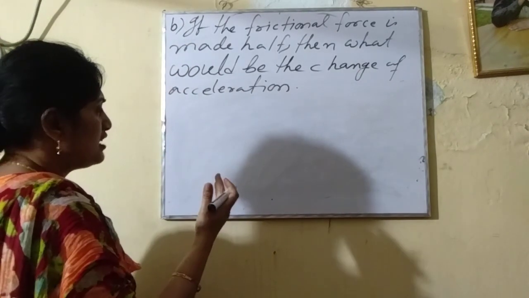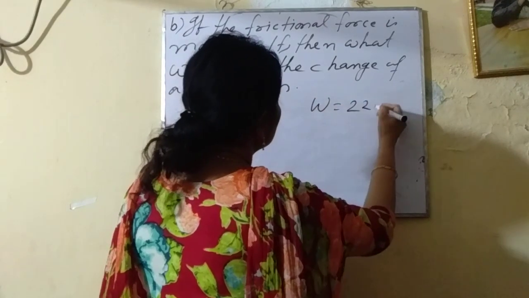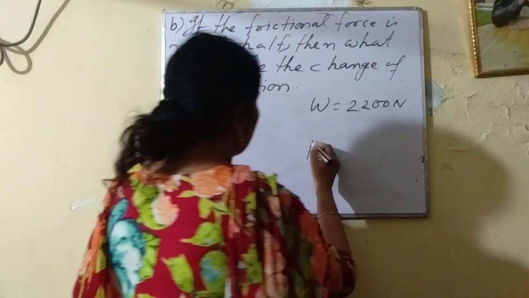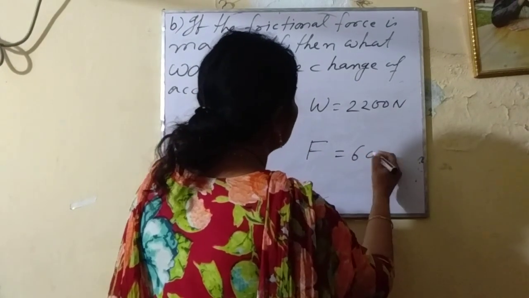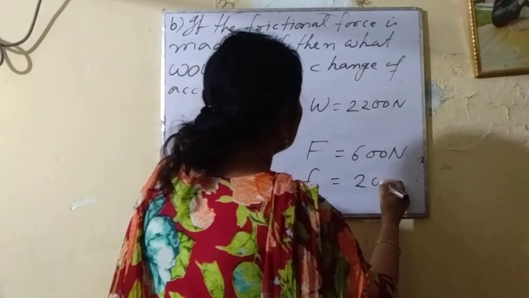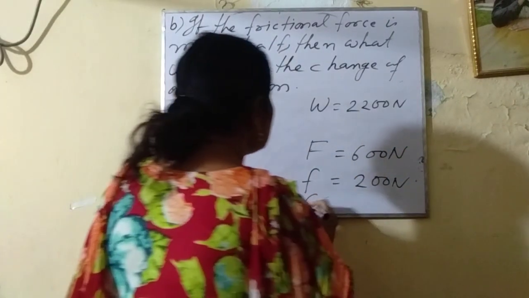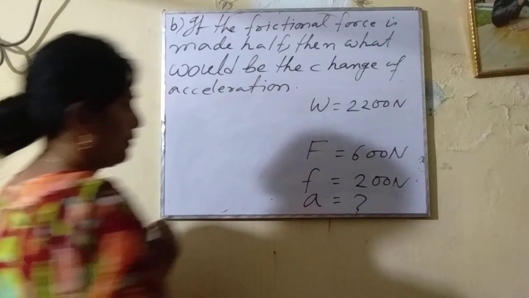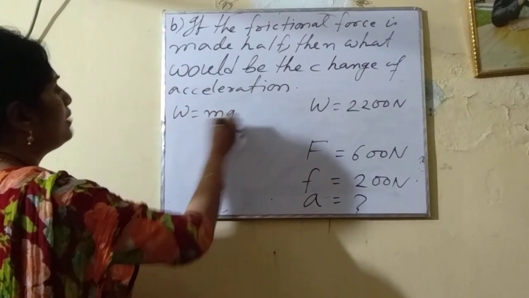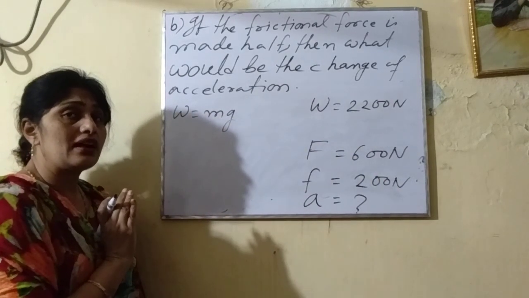Again I am telling you the question. A car, the weight of the car is 2200 Newton, and the force applied on the car is 600 Newton. The frictional force is 200 Newton. What will I find out? Acceleration of the car. Okay? W equal to mg, but we don't know the mass of the car.